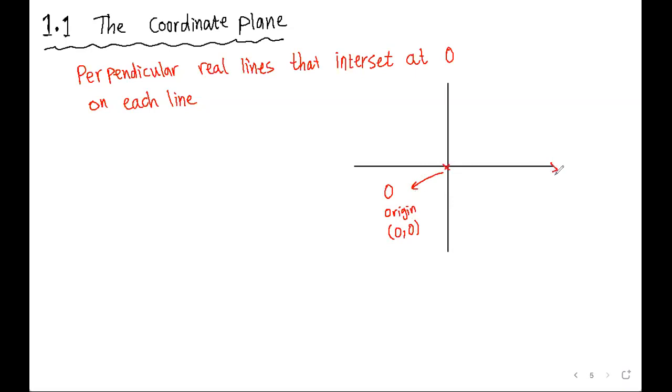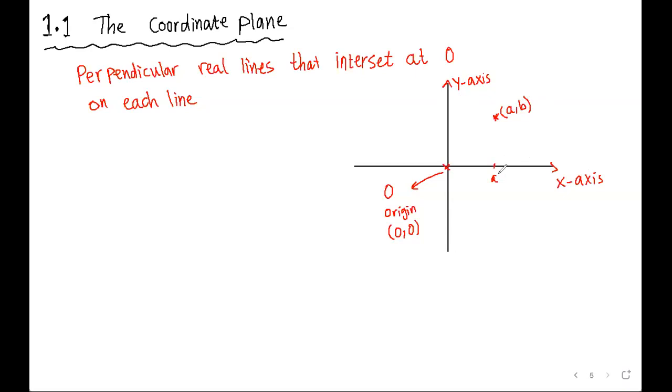This line is called the x-axis. This line here is called the y-axis. Any point inside this plane will appear as an ordered pair. So any point here, for example, is a comma b. The a is a number from the x-axis. The b is a number from the y-axis.